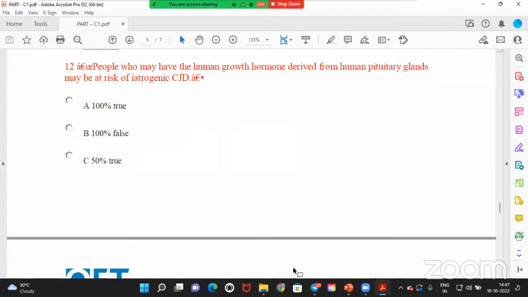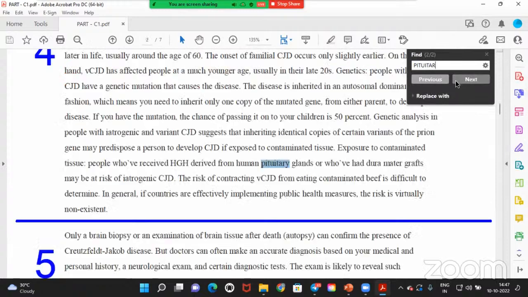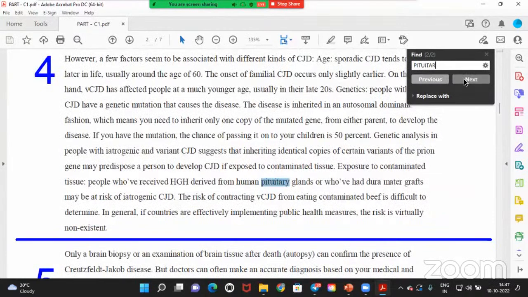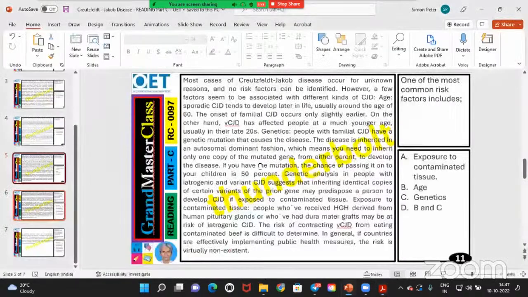So where is pituitary glands? You have to see. Control F. Pituitary. Yeah, it is in the fourth paragraph. Only two places it is there. So we have to go to the fourth paragraph. Fourth paragraph is what?